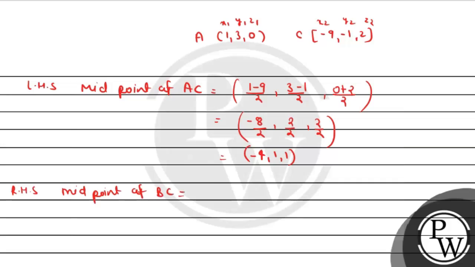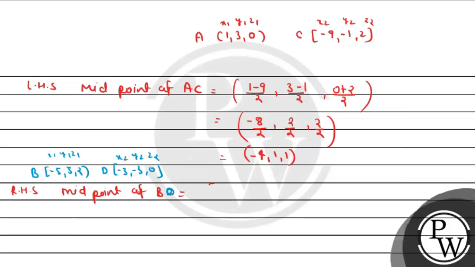We have here our B coordinate, that is -5, 5, 2. Point D is -3, -3, 0. So for the midpoint of BD, this is x1, y1, z1, and this is x2, y2, z2.